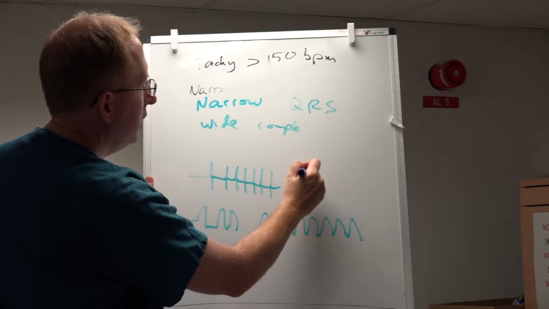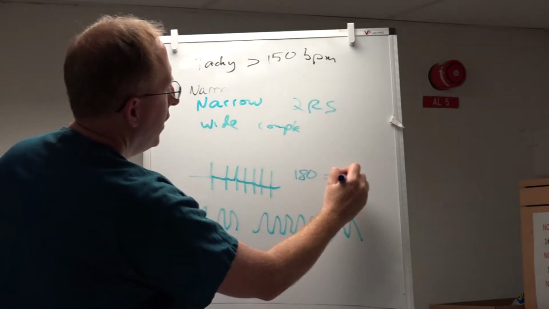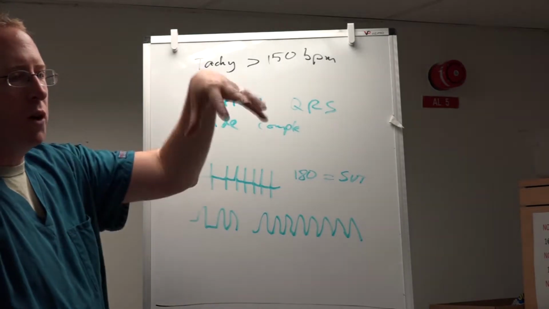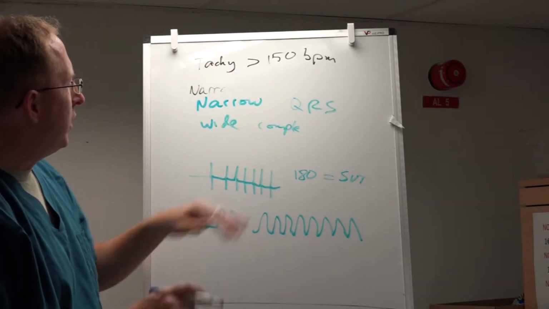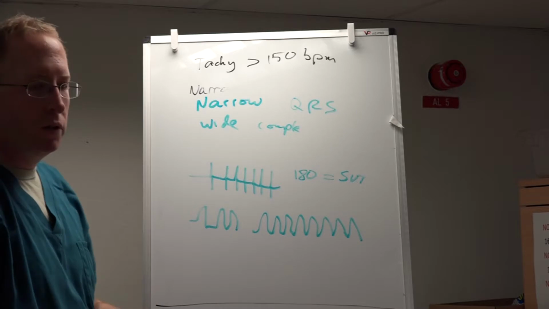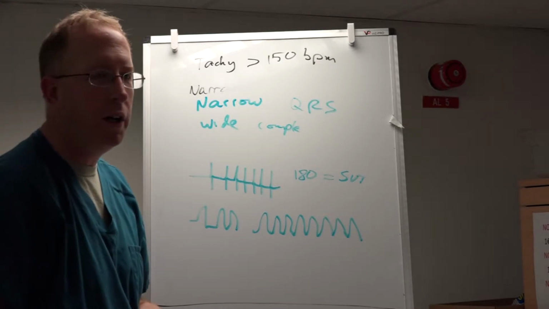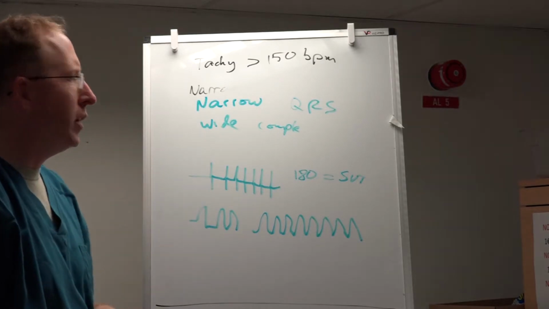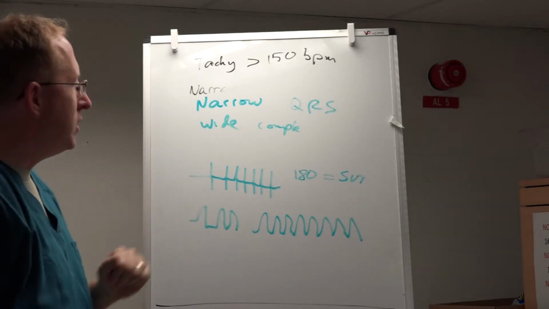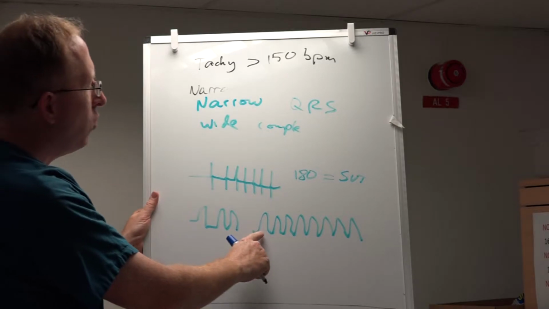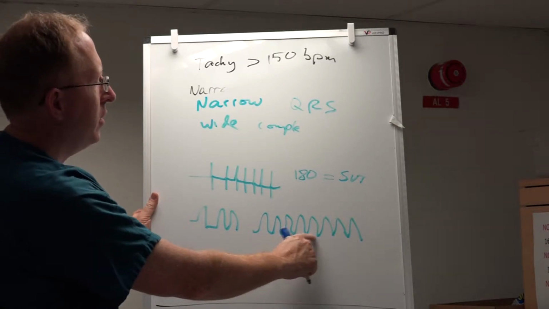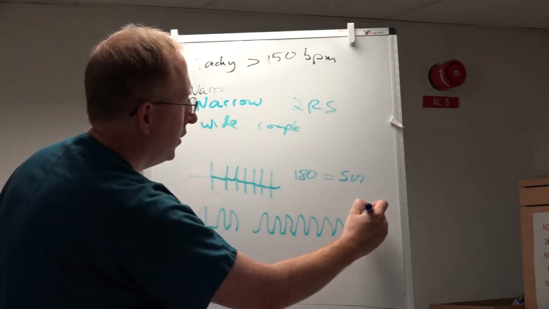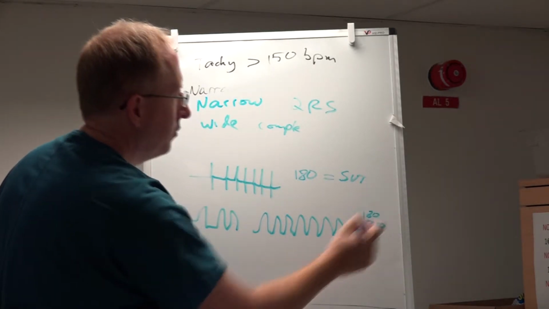And so generally, these narrow complexes with a heart rate of about 180, let's just say, is what we call SVT, supraventricular tachycardia, supra meaning above the ventricles. So when you say, oh, it's a narrow complex tachyarrhythmia at a rate of 180, you're thinking to yourself, that's SVT. You just know that. We talk about a wide complex tachycardia, let's say 180 or 200 beats a minute.